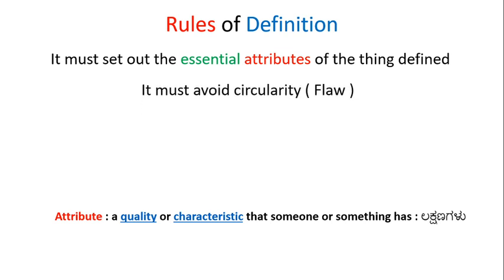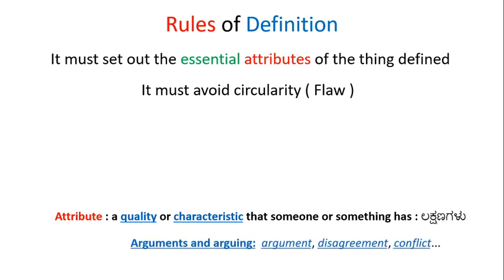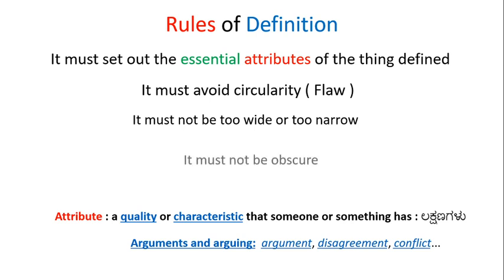The next one, it must avoid circularity. It should be free from flaws, there should be no conflict or disagreement. And the third one is, it must not be too wide or too narrow. This is the third rule.